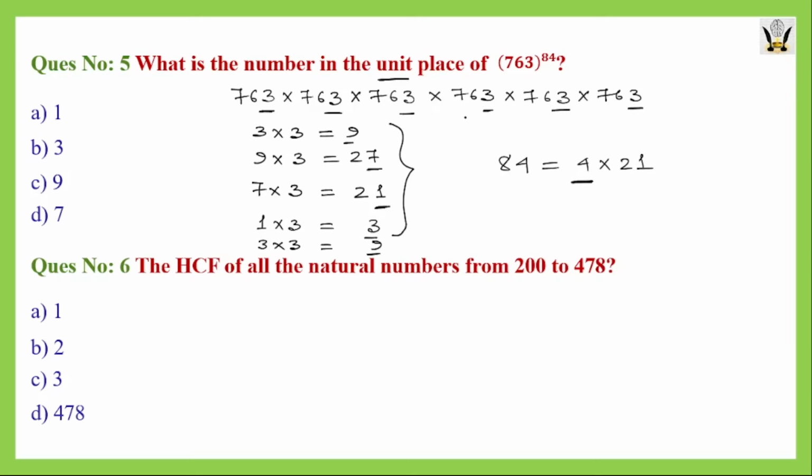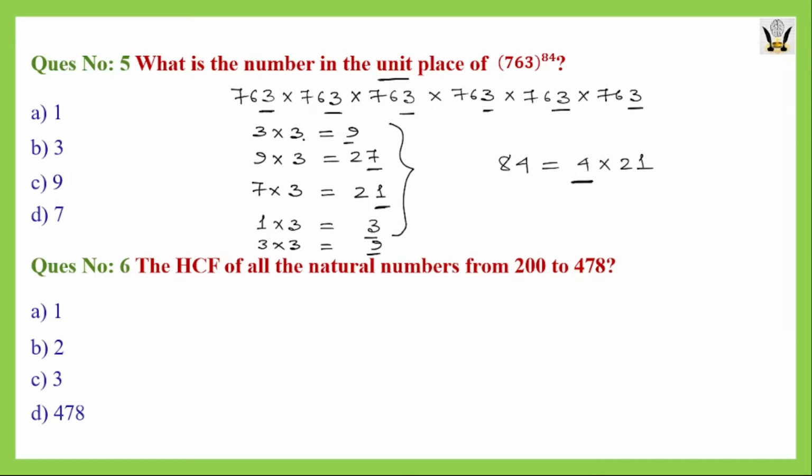Whatever digit is at the units place after multiplication of four 763s, the same digit we will get at the units place after multiplication of 84 763s. So we have to check the digit at the units place after multiplication of four 763s.